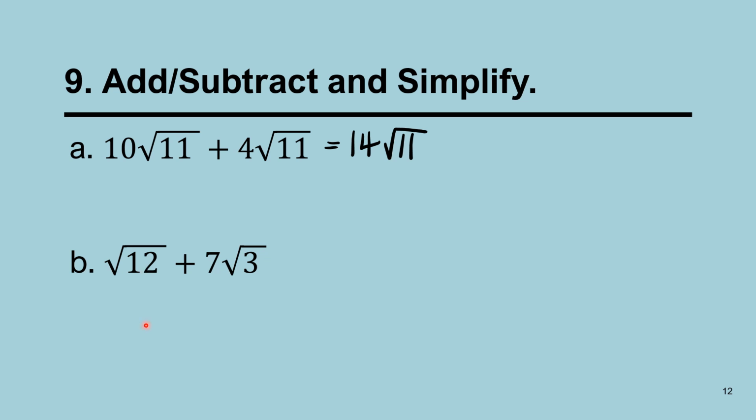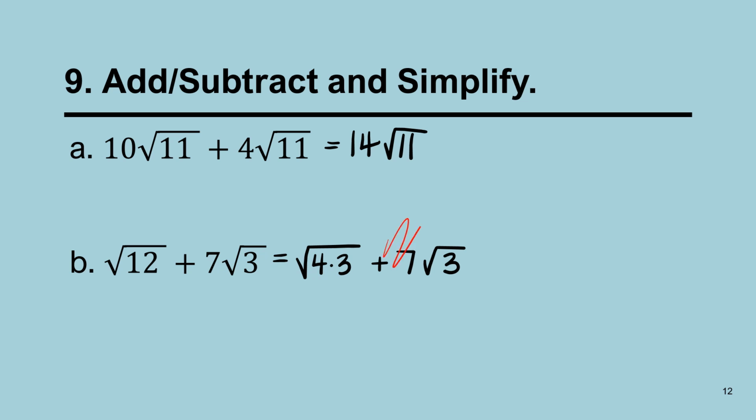Right, I know that 12 can be rewritten as 4 times 3. I'm choosing that factor pair because 4 is a perfect square. Right, 12 is also 6 times 2. That doesn't help me because 6 and 2 are not perfect squares. Right, but 4 is a perfect square. All right, so we're going to separate that and say, okay, well, this can be broken down.